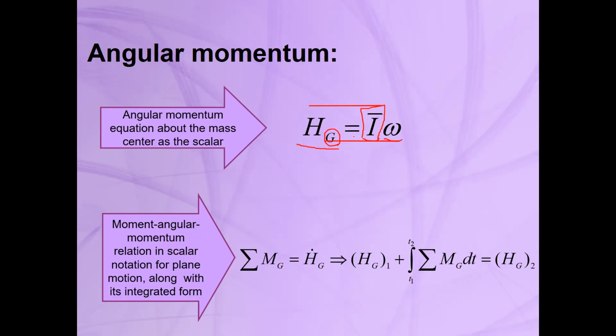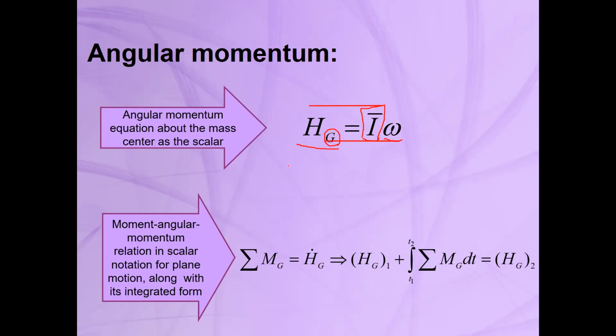So this is a difference again between the angular momentum for a rigid body and for a particle, because for a particle there is no mass center. A particle does not have any dimension and its position is exactly its mass center.